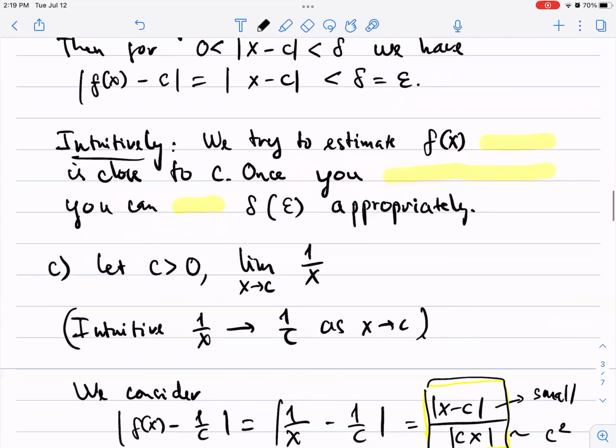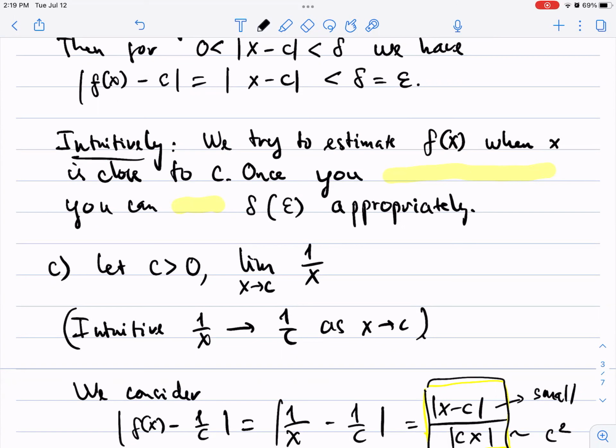So the intuition is that we try to estimate f(x) when x is close to c.